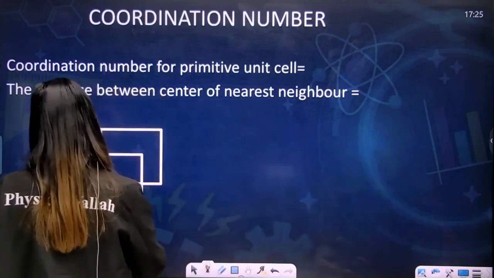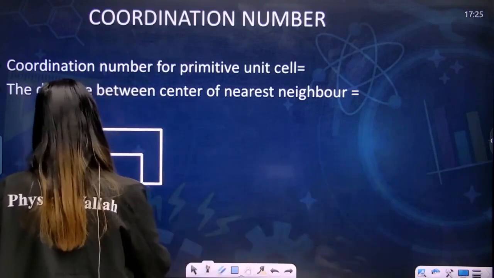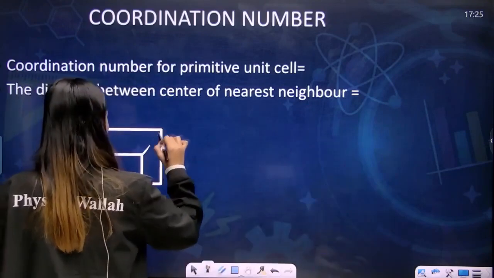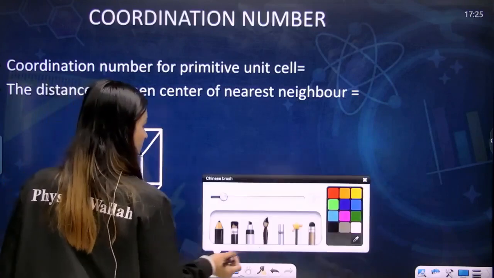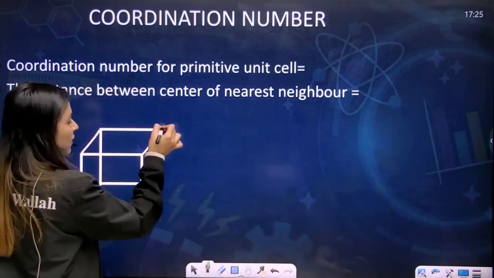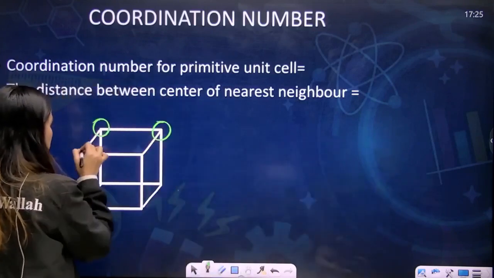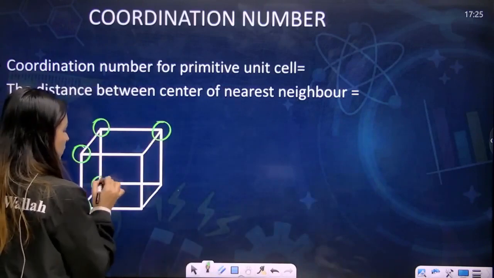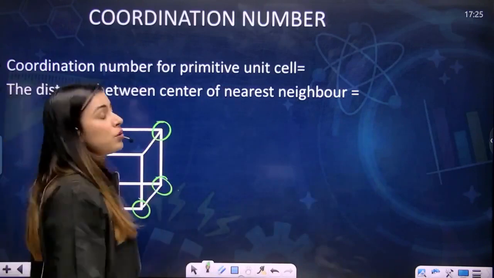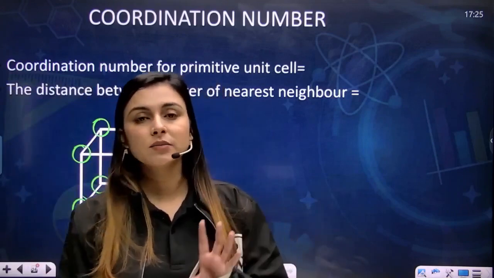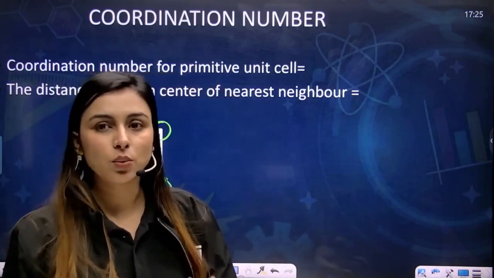You know that the atoms are present at the corners only. So you have this atom, this atom, and so on at all the corners. And you know that along the edges, these atoms are in contact with each other.